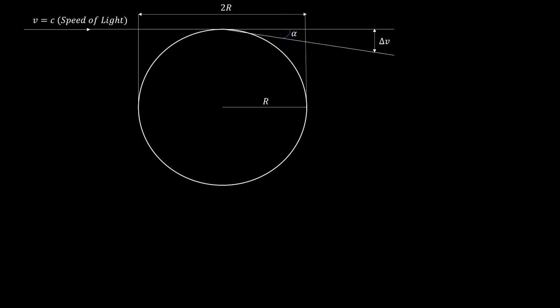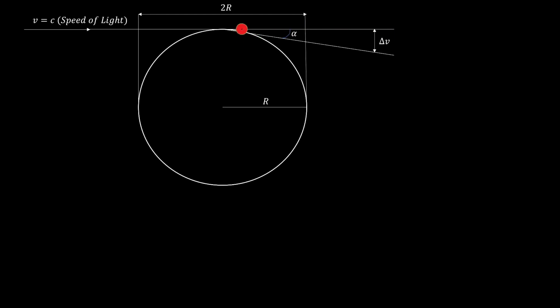So, let's consider a massive object of radius capital R, with a photon of light just skimming the edge and diverting through an angle of alpha. So we have v equals the speed of light for the photon coming in. It just barely skims the massive object here, and you might think that it would continue traveling on a straight path.